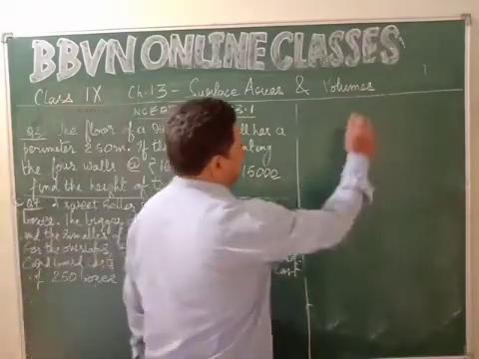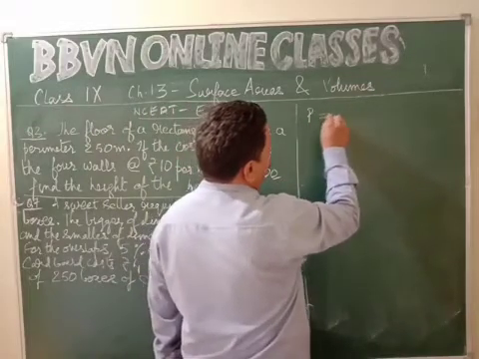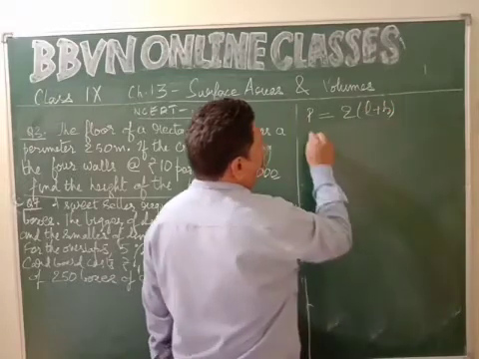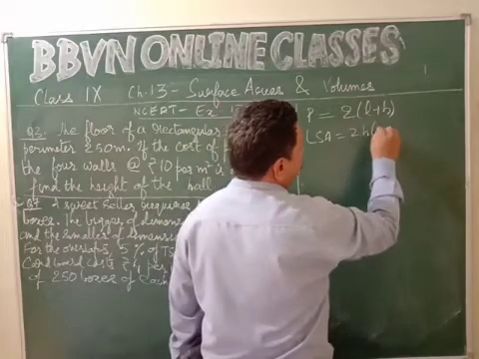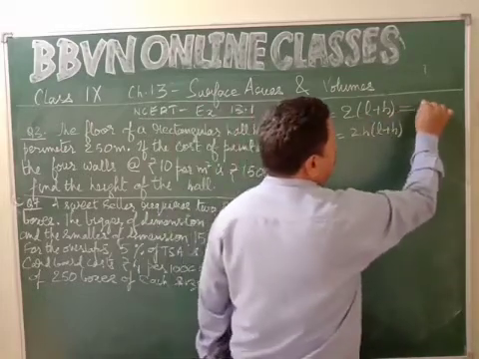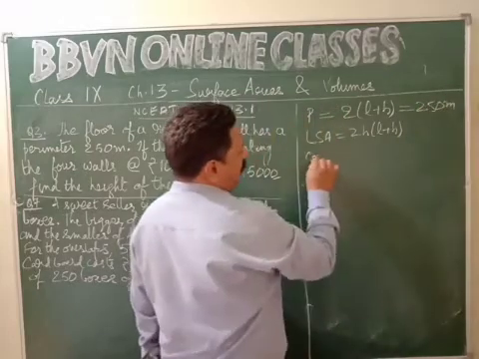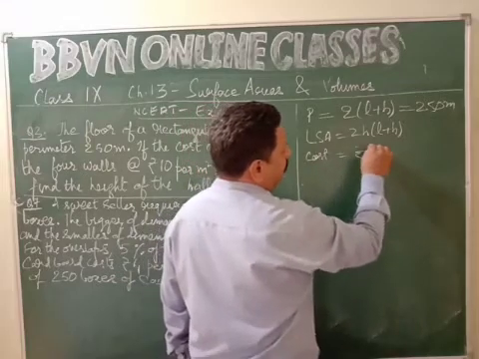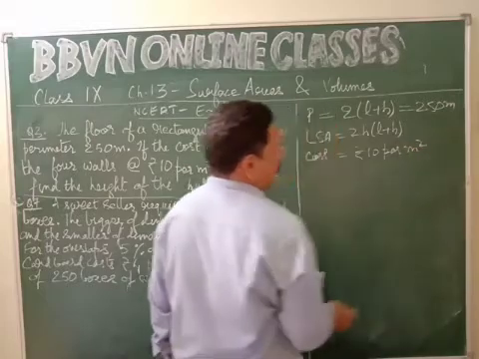Now pay attention. We know that perimeter is 2 times (L plus B). We know lateral surface area is 2h into (L plus B). This perimeter is given as 250 meters. Cost of painting is rupees 10 per meter square.